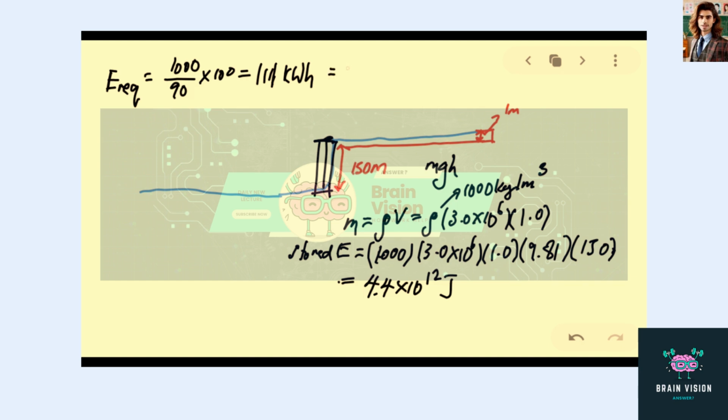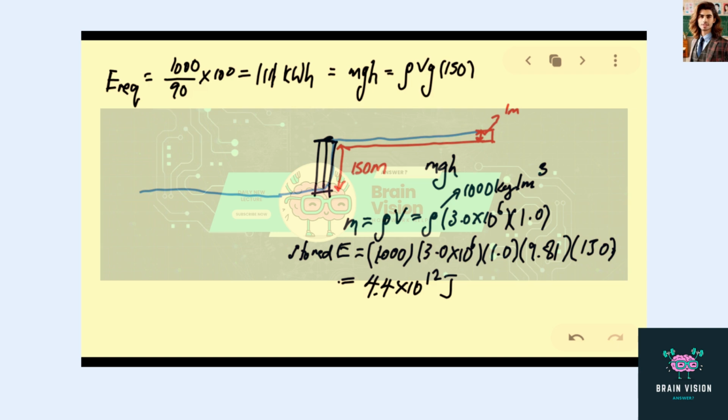We equate this to the gravitational potential energy, mgh, as with our previous expression. So just rho times V times g times 150 meters.